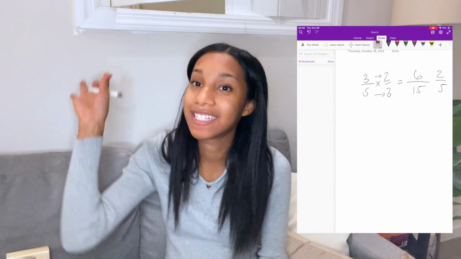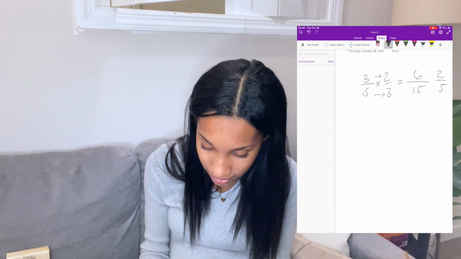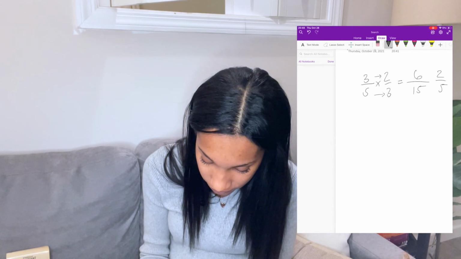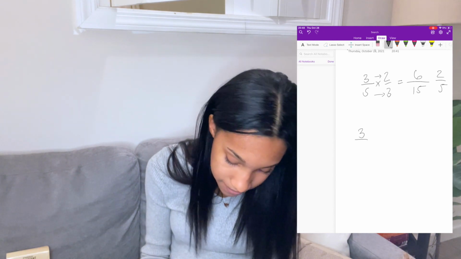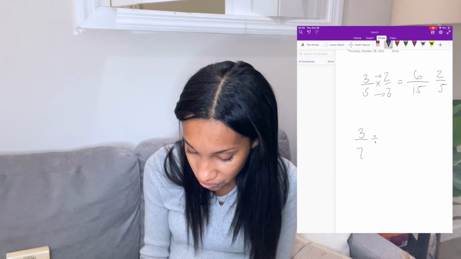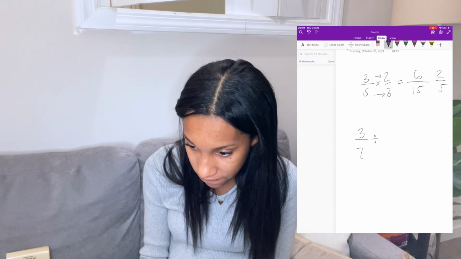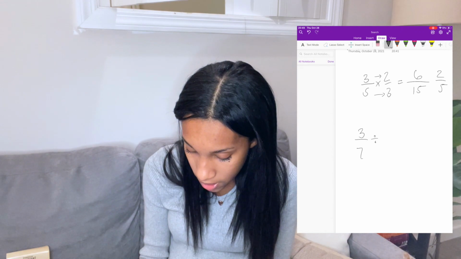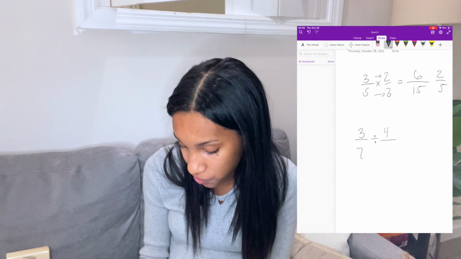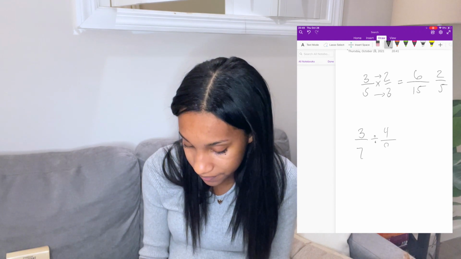And then dividing fractions is super fun. So let's do 3 over 7 divided by 4 over 8.